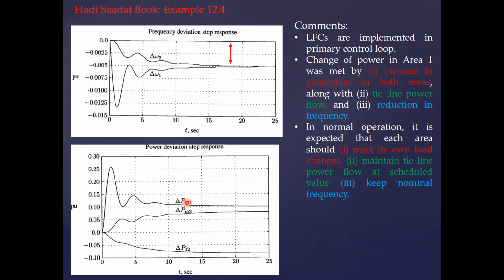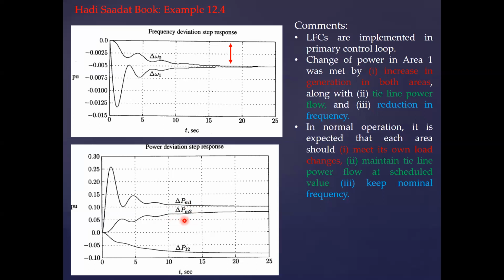The neighboring interconnected system, the power plants or turbines interconnected to area 1, should not be affected. There should not be any regulation on the output power of the turbine from area 2.